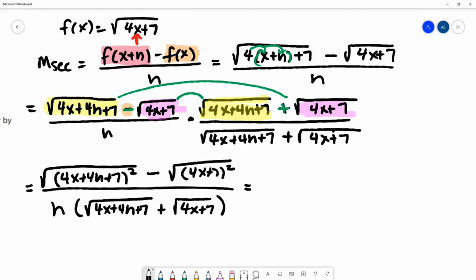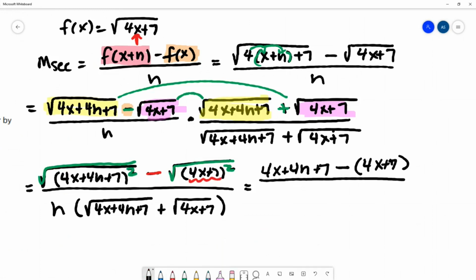Okay, so to simplify this even more, the square root and the square are opposite operations, so they cancel each other out. So this is going to give us 4x plus 4h plus 7 minus 4x plus 7. Now notice I wrote parentheses because this minus sign applies to everything in the radical, so it has to apply to the simplified part as well. Now in the denominator, I'm just going to copy down what I already have.